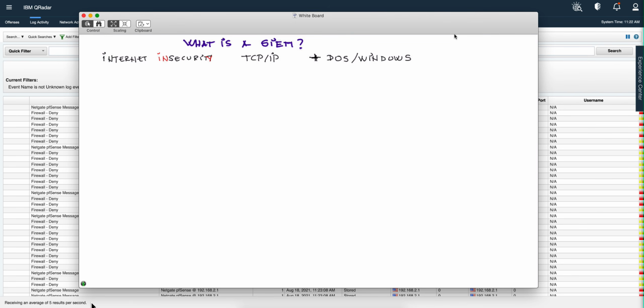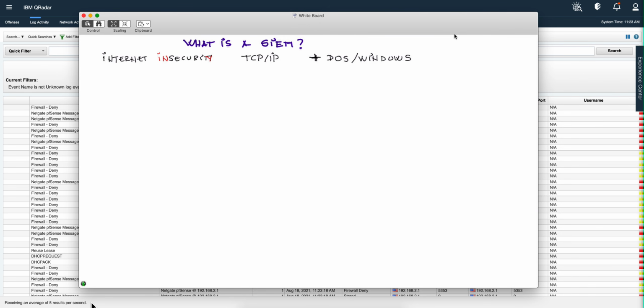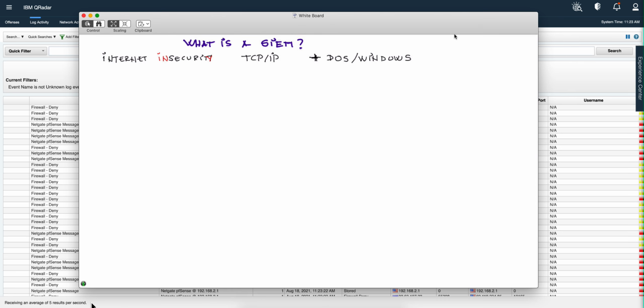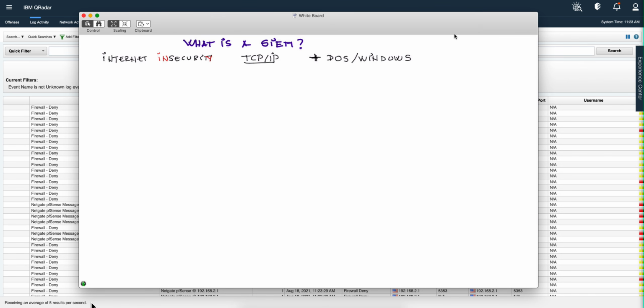And then as we began to realize how much we depend on it and how much the bad guys can do against that, stealing information and ransomware and malware, all the things that we have seen over the years, what we have tried to do is to bolt security on top of both the internet protocol as well as the operating system.